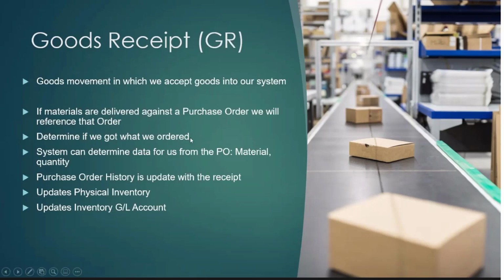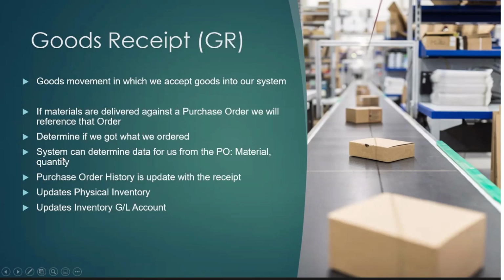Determine if we got what we ordered. There is an employee who has to check, based on the purchase order, if it is the right quantity and also the right material. The system can determine the data from the purchase order, material and quantity.